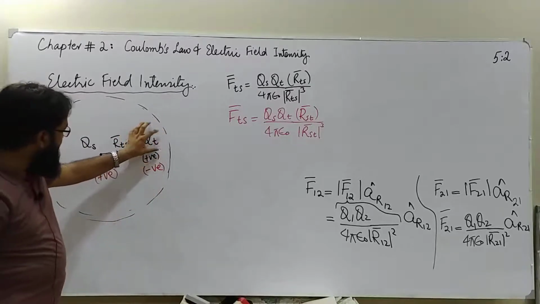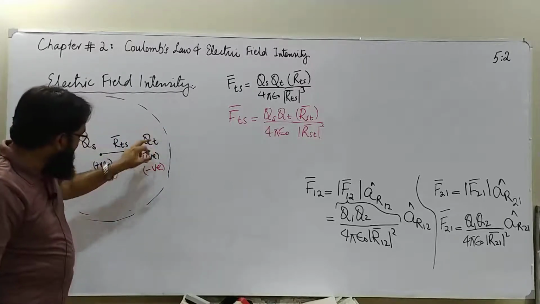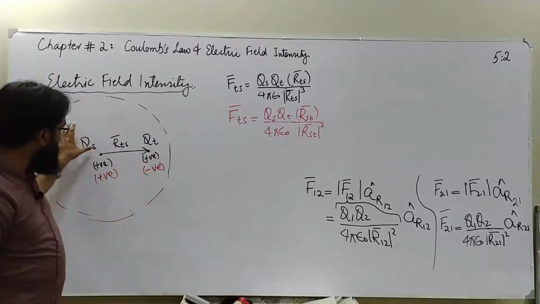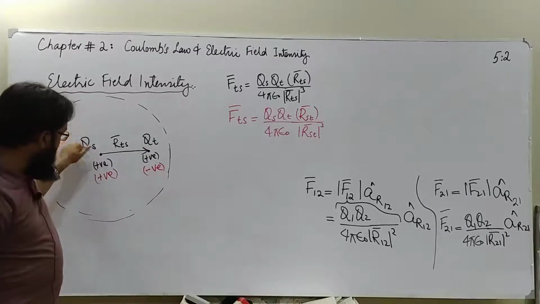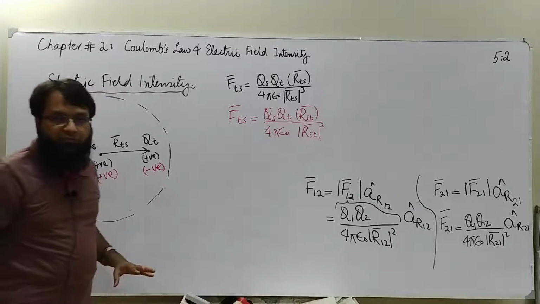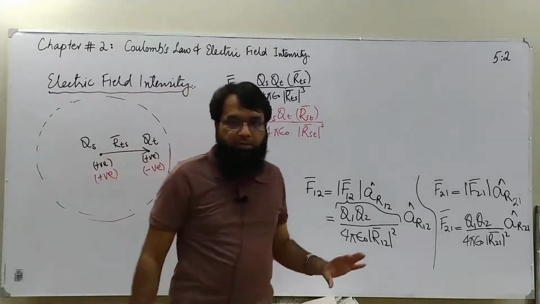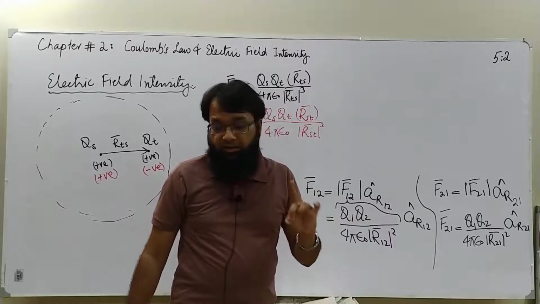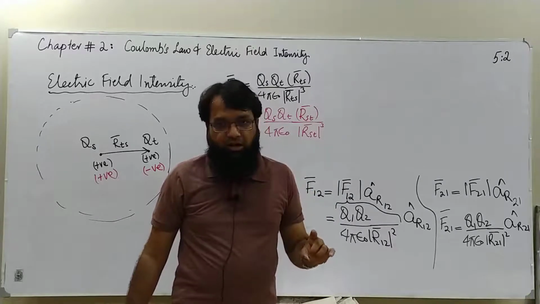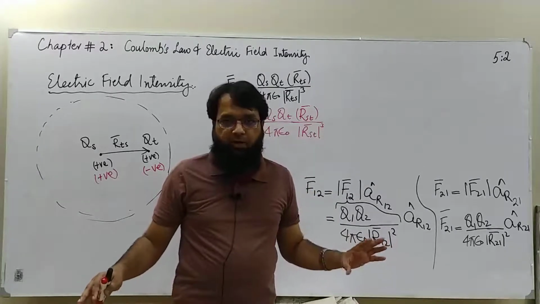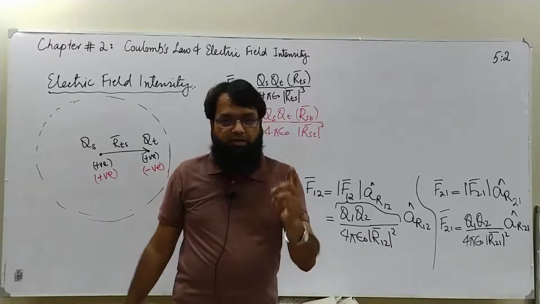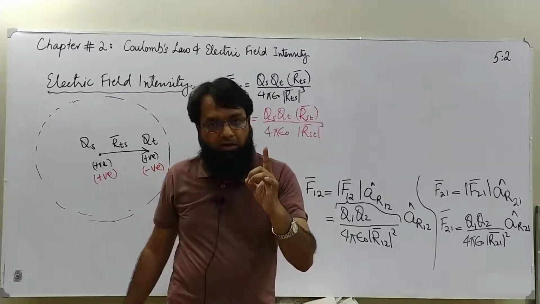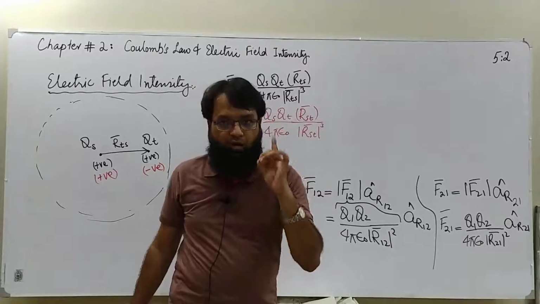We should have a judge here which will be used to evaluate the field of every charge which is present or which might be present in this universe. And that judge charge has been specified by the scientific community to be the unit positive charge of 1 Coulomb.